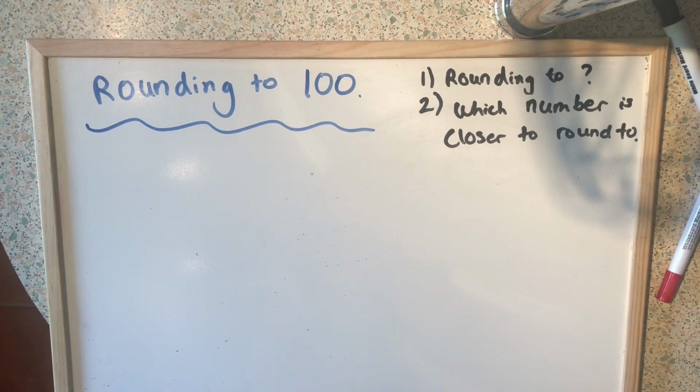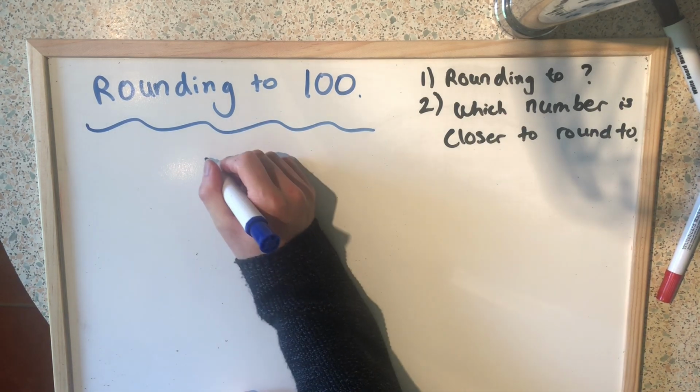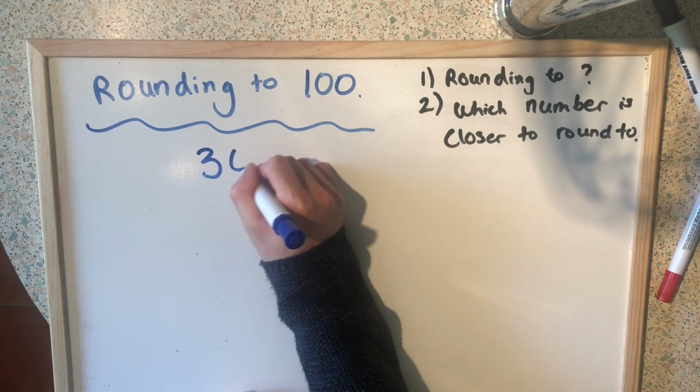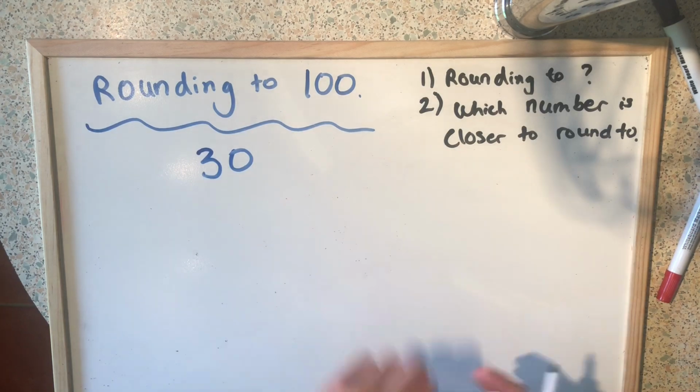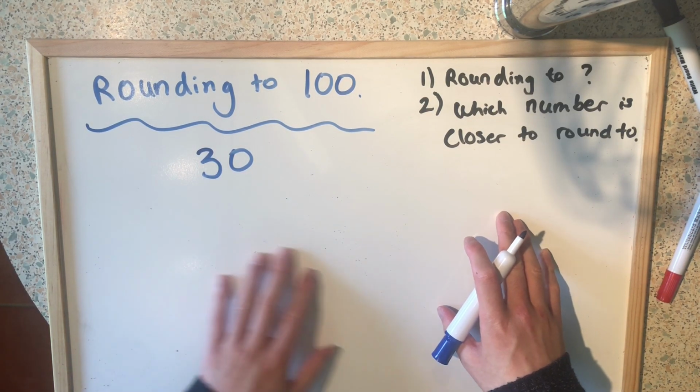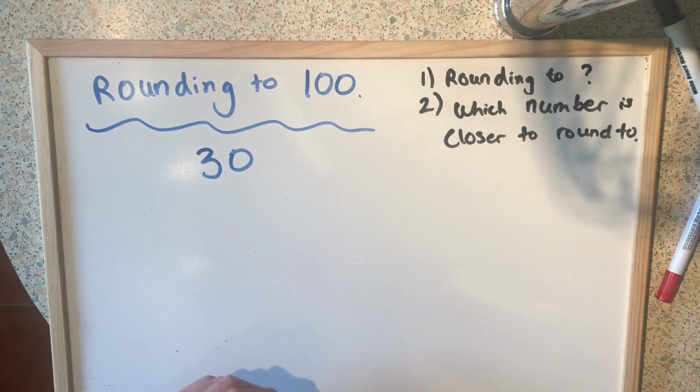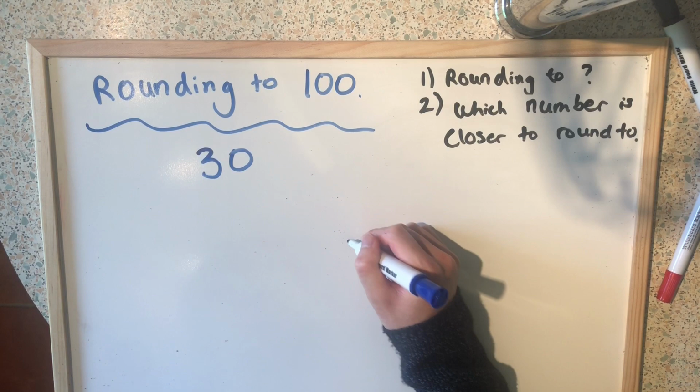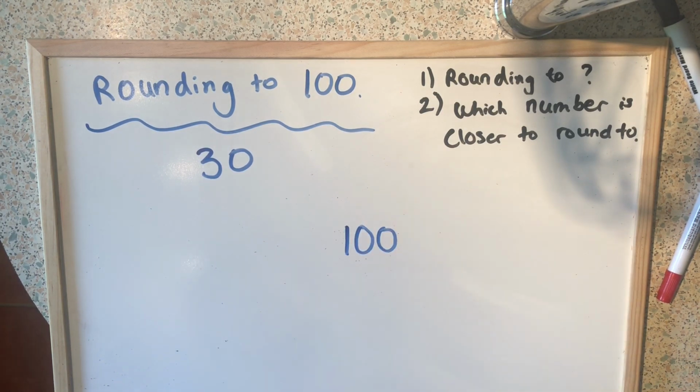Okay, so there's one more. What if we have something like 30 to the nearest 100? Well, let's think about it. What are the two closest hundreds to 30? Well, one of them is definitely going to be 100. The higher one's 100. And the lower one is actually going to be 0.